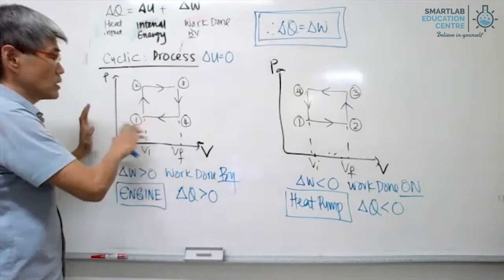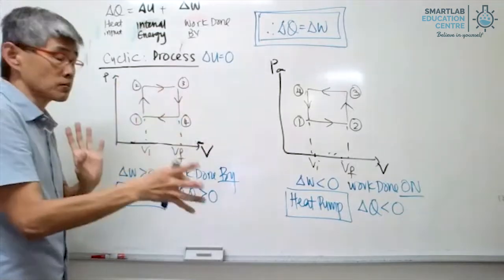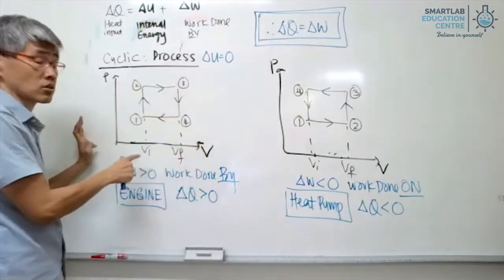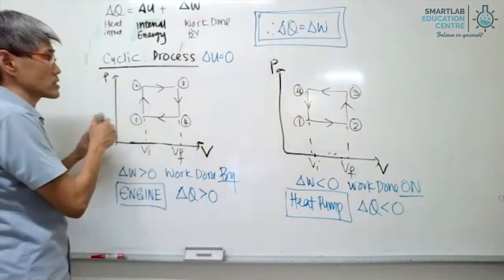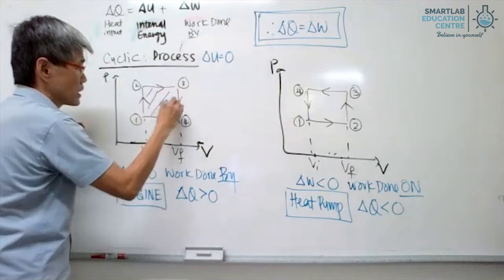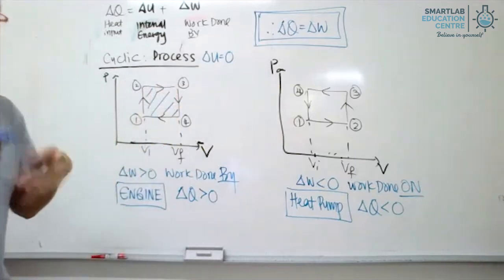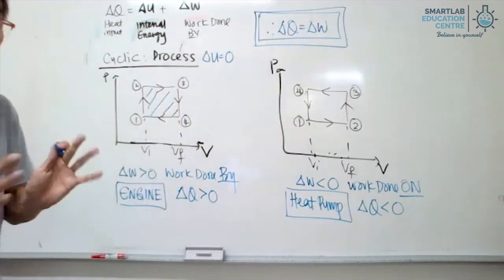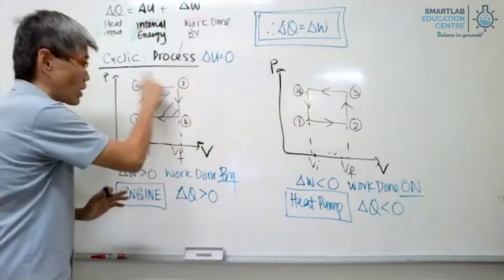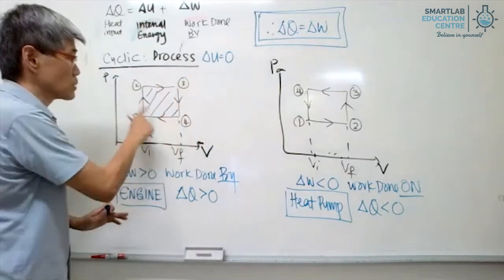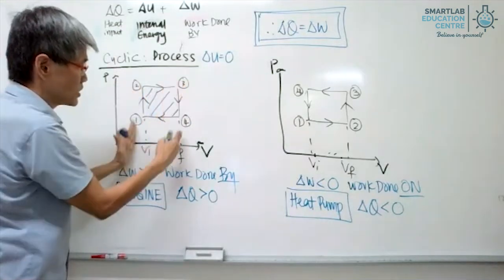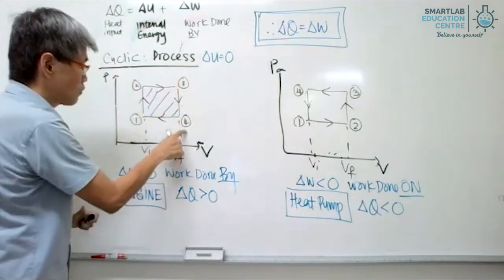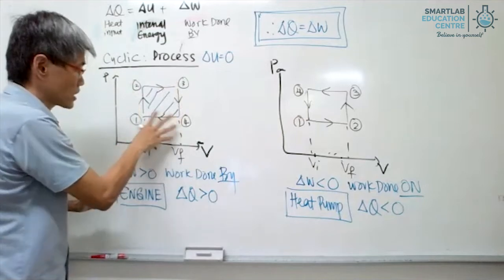Looking at the two possibilities, one whereby the cyclic process is clockwise, the other anti-clockwise, for the one that is clockwise, the total amount of work done by one cycle would in this case be positive, because the work done by 2 to 3 would be the area under the graph. 4 to 1, in actual fact, is a smaller area.